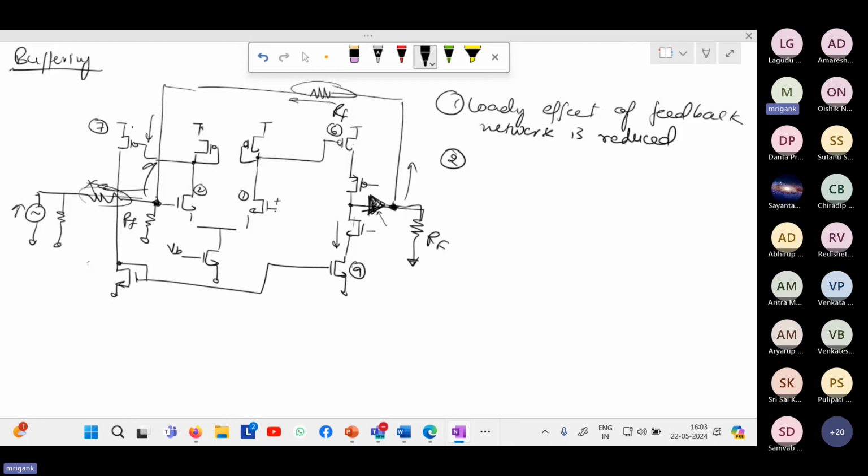Impedance seen by this may load the second stage. I don't know what you are saying. Can you speak a little more clearly?